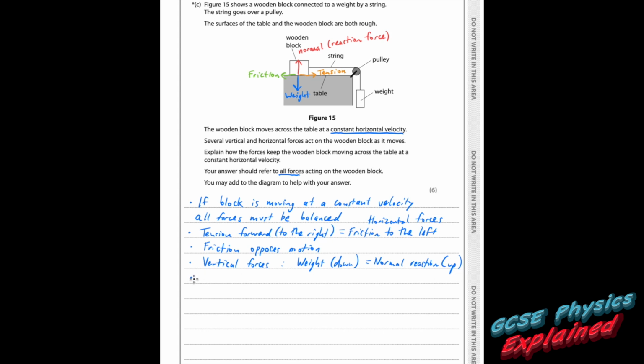Right, we'll say that the tension comes from the string. I'll be honest, I think I can get 6 marks out of that already. I think I've been a bit harsh with myself, but just in case, I'll just say there's no vertical movement, because those vertical forces are balanced.